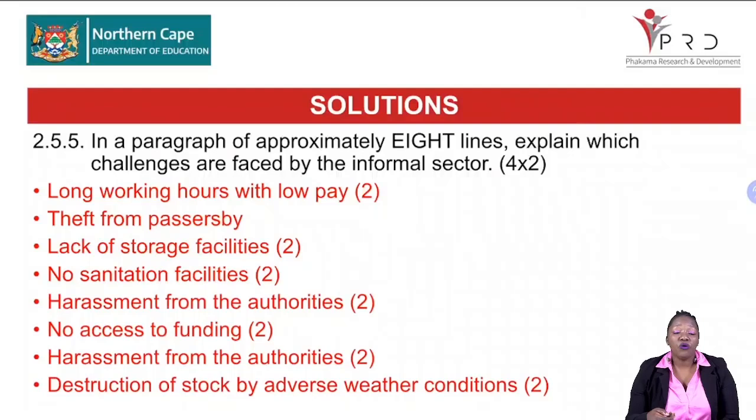Then also we're looking at the destruction of stock by adverse weather conditions. Sometimes it is raining, so they cannot be on their spot outside because they lack the infrastructure, which means on those days they will be suffering. Again, we're looking in terms of those who are selling food. They do not have a fridge in that street, which means their food can be spoiled.